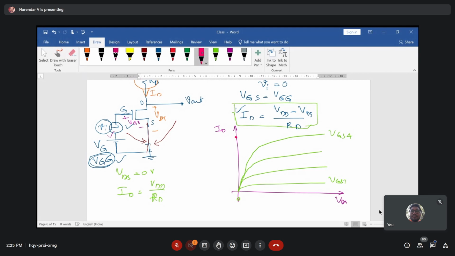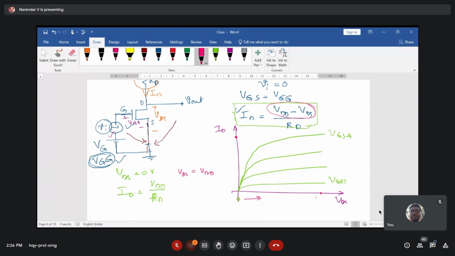As your VDS value increases from 0 to a higher value, the numerator term in your current expression slowly drops as VDS increases, and then you are going to have less current in your transistor. When VDS is equivalent to VDD, the numerator term is going to be 0, and finally you're going to have a current equal to 0.